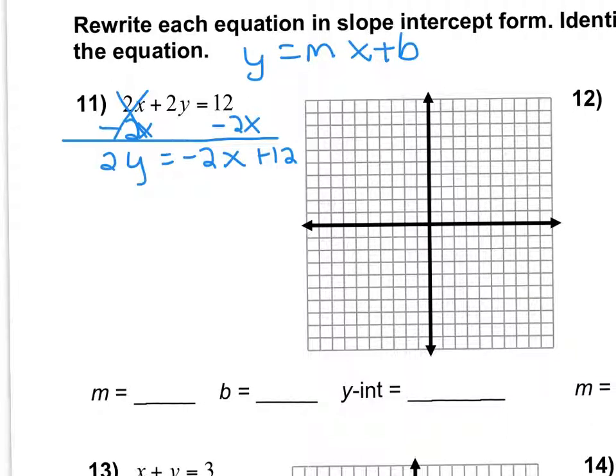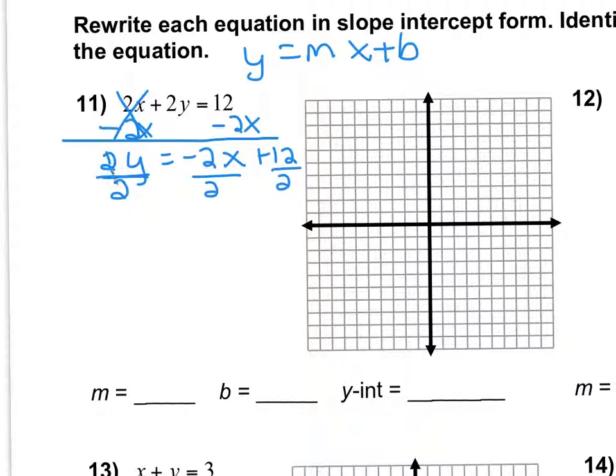Now what? Michael, now what? Dylan? You divide by? 2. Yes. So I need the y to be alone, so I have to divide everything by 2.